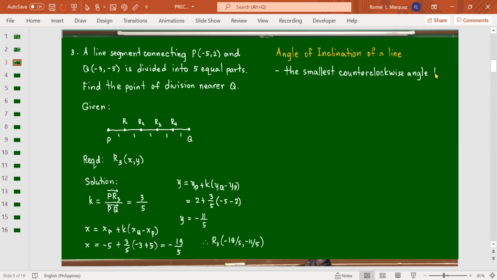That the line makes with the positive direction of the x-axis. Okay?